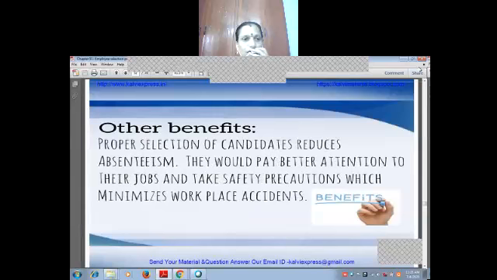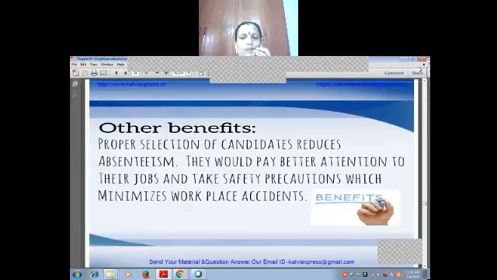Other benefits. Proper selection of candidates reduces absenteeism. They would pay better attention to their job and take safety precautions which minimize workplace accidents. Oh, definitely it is true. So proper selection of candidates reduces absenteeism. The proper persons we are selecting in the sense they will never take any leave or anything.